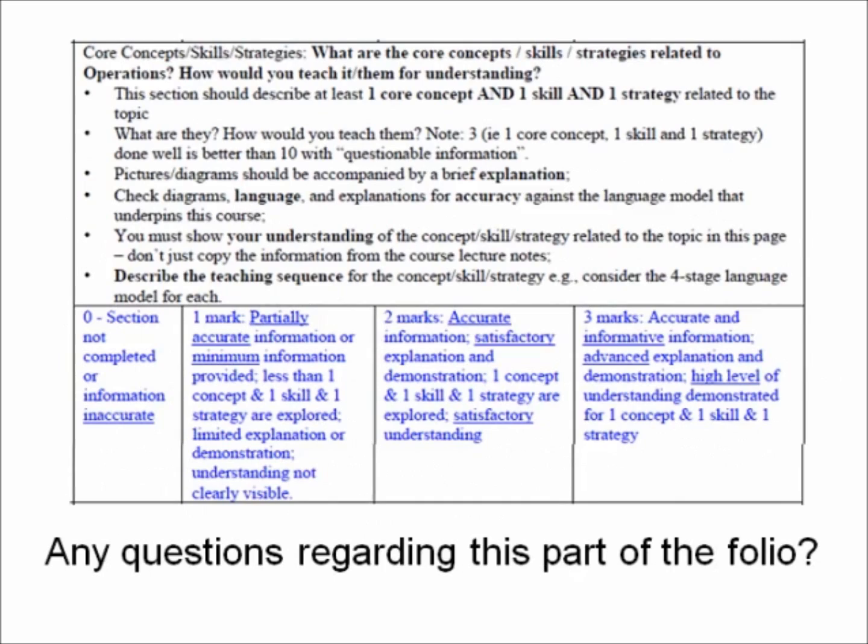So if we look at the rubric briefly, you've got to look at at least one concept, one skill and one strategy. Okay, you need to look at some pictures of the resources that you might use together with a brief explanation. Make sure your language and explanations are consistent with the language model.